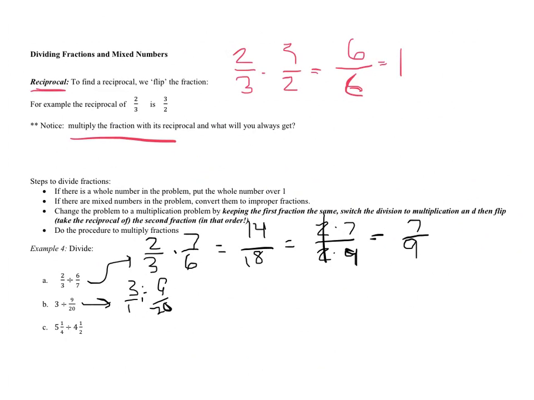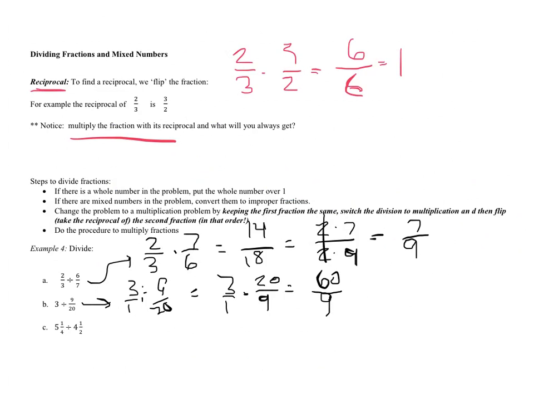Now we can change that division problem to multiplication. 3 over 1 stays the same, and we multiply by the reciprocal of the second fraction, which is 20 over 9. Finally, we're going to use the procedure for multiplying fractions. 3 times 20 is 60 in the numerator, and 1 times 9 is 9 in the denominator.